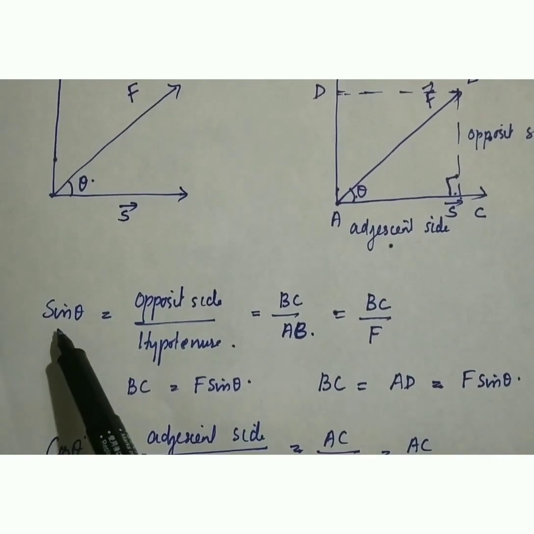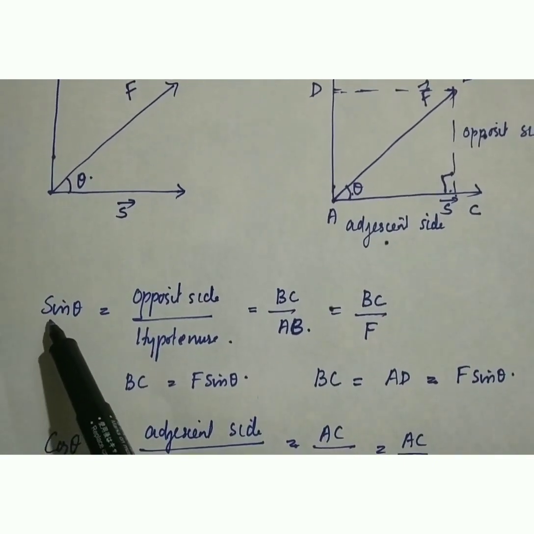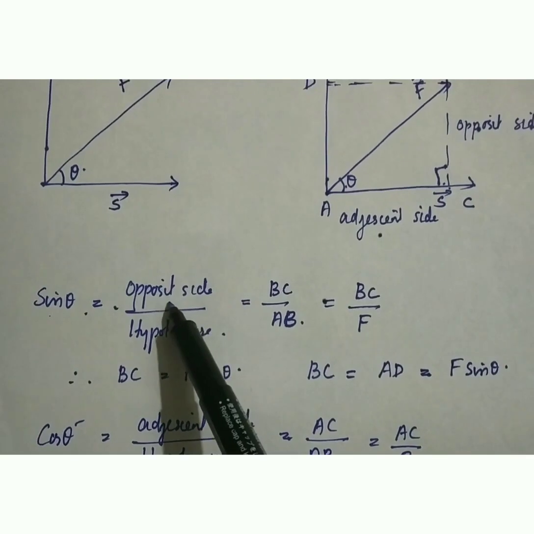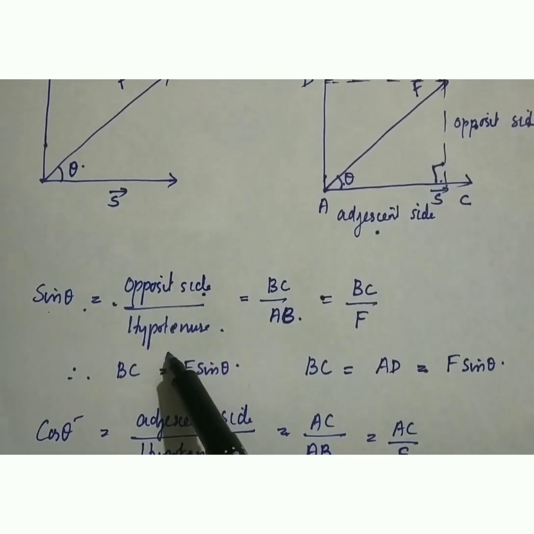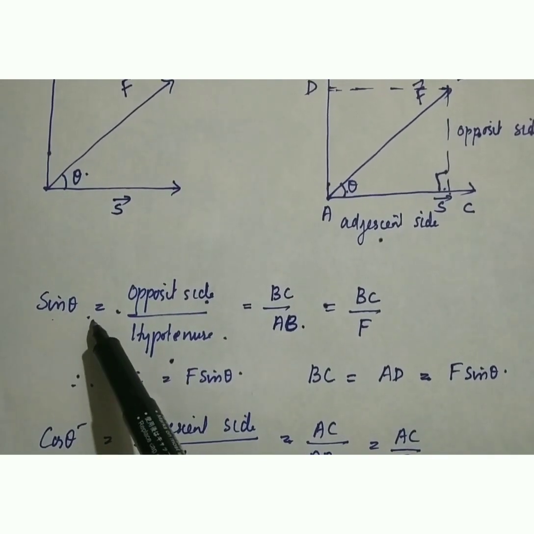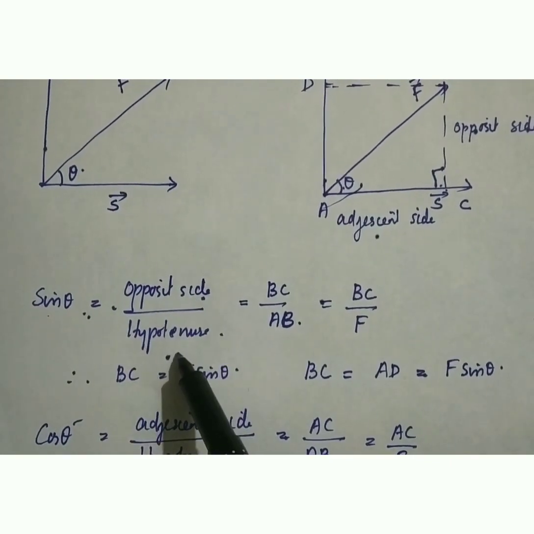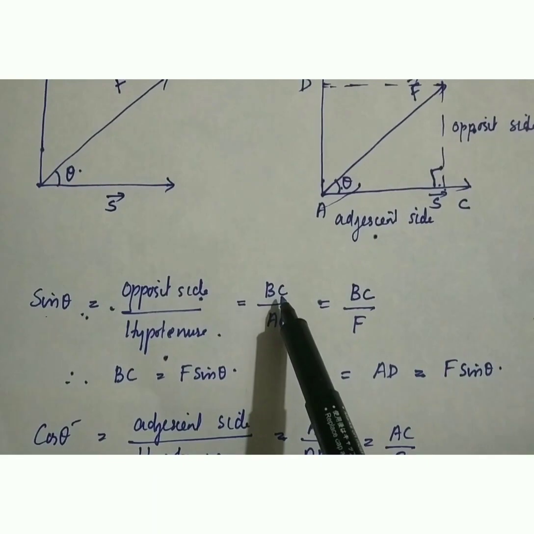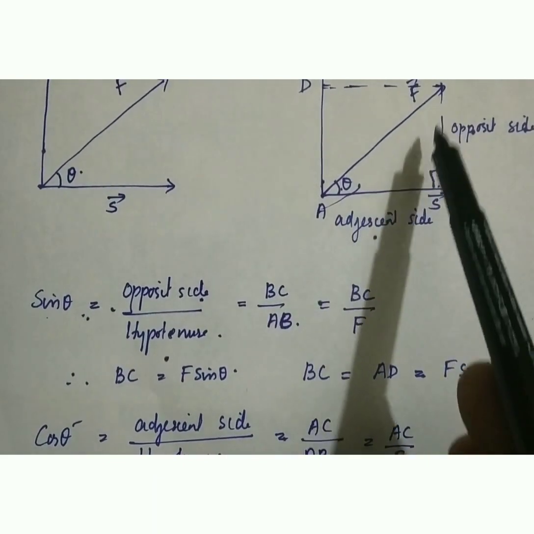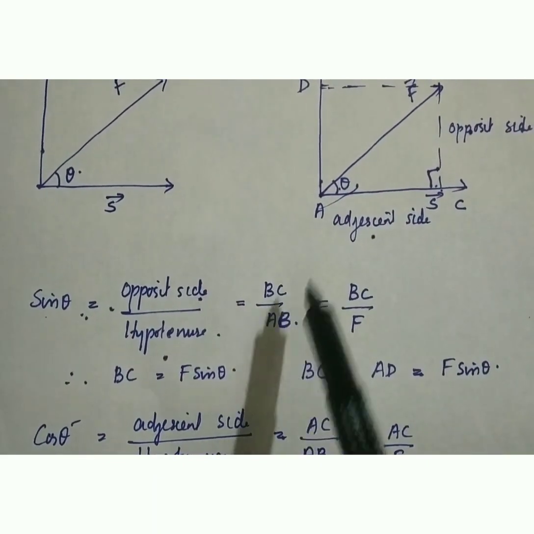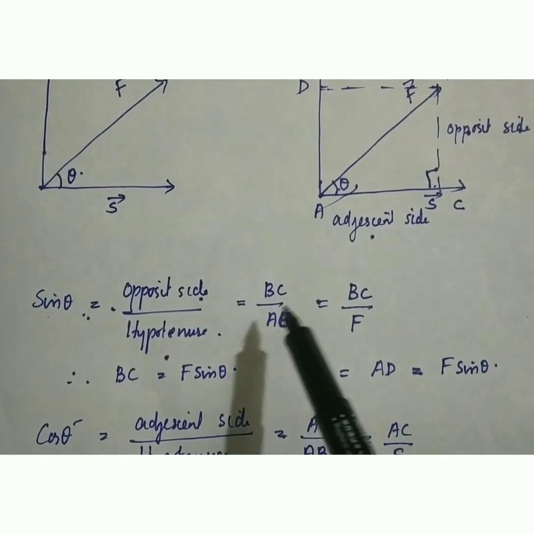Now in trigonometry, sine theta is equal to the ratio of opposite side by hypotenuse. Based on this angle, sine theta is equal to opposite side by hypotenuse. Here the opposite side means BC, and the hypotenuse means AB.